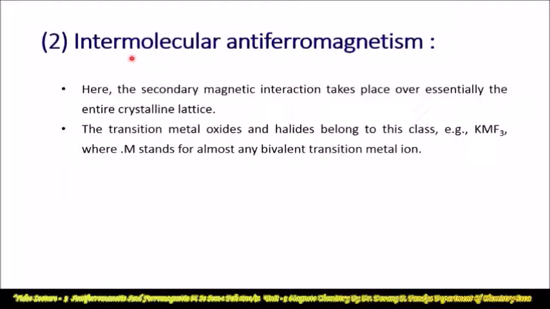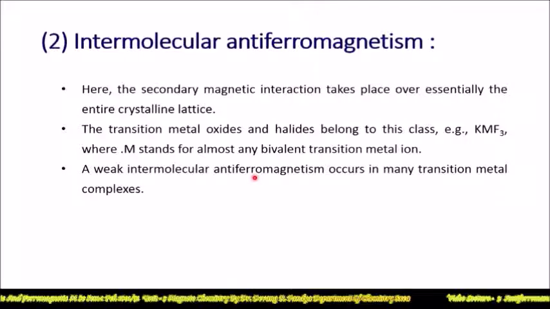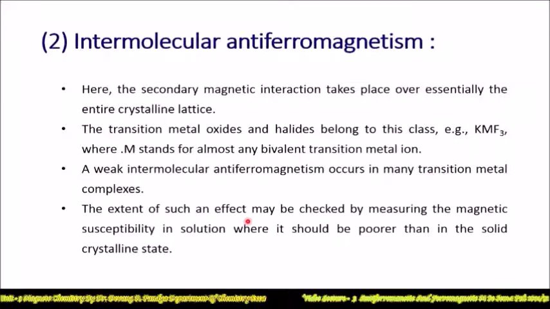A weak intermolecular antiferromagnetism occurs in many transition metal complexes. The extent of such an effect may be checked by measuring the magnetic susceptibility in solution, where it should be poorer than in the solid crystalline state.